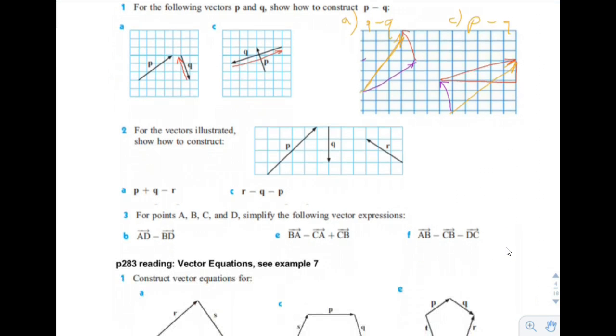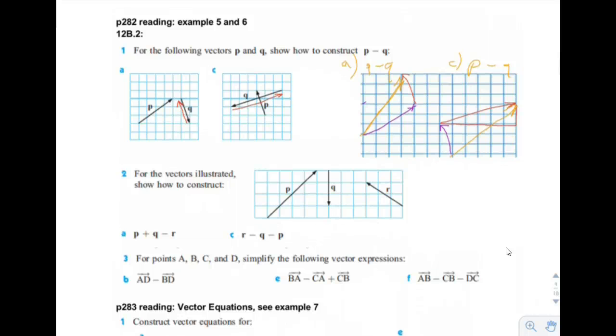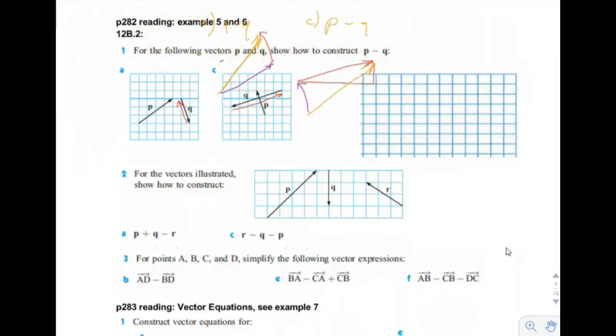Okay. For the vectors illustrated, show how to construct p plus q minus r. I'm going to take these and move them over so I can use this. Just going to put them right over here.